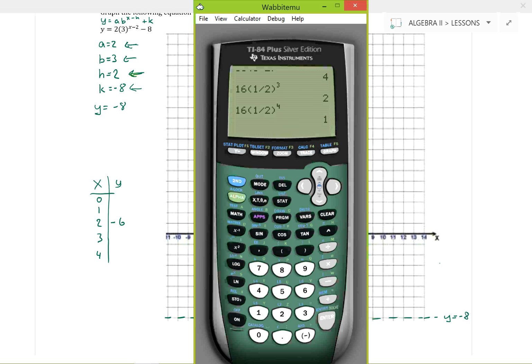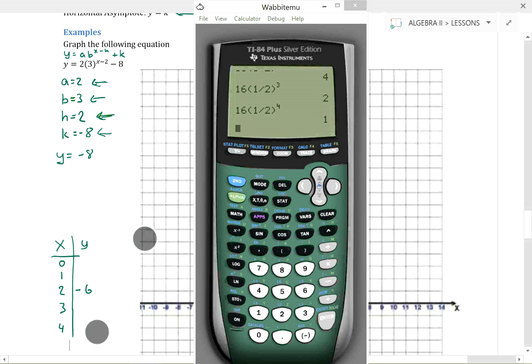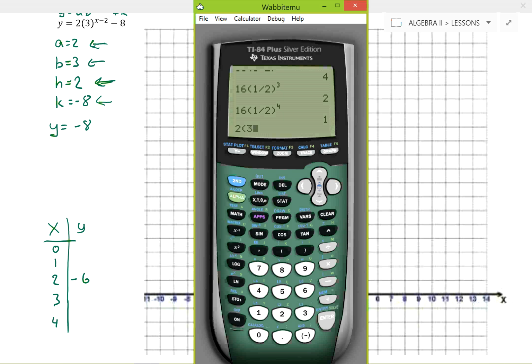So getting our calculator out, let's go ahead and plug some of these values in. And I gotta be careful here because of all that's going on in here. So I'm going to plug in 0 first. That's going to be 2 times 3 to the 0 minus 2, and come back down, minus 8.